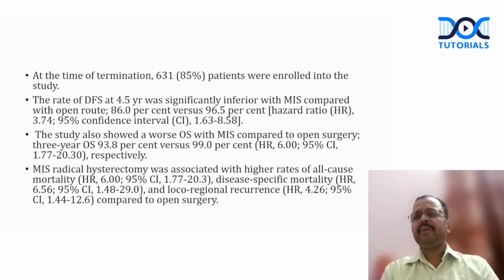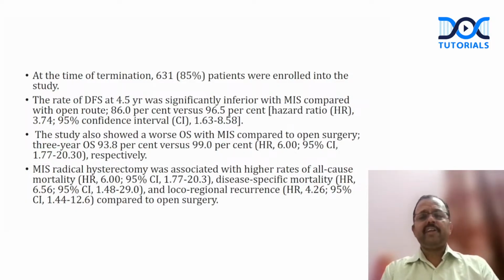I'm sure it's a matter of time that, as in the case of rectum cancers, where initially there was a lot of resistance towards doing the same, or endometrial cancer, where the survival was questioned, has stood the test of time, and we are now saying that they are equally good. In fact, in endometrium, minimal access surgery is probably the preferred technique in case of early cancers.